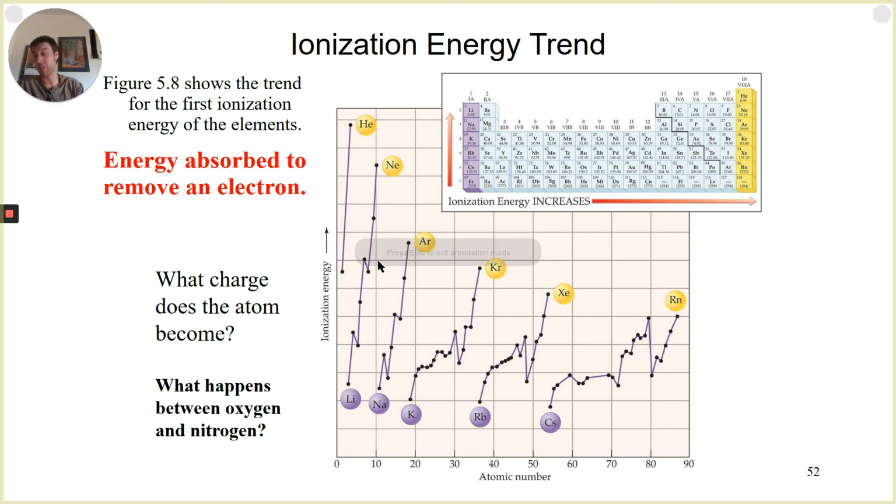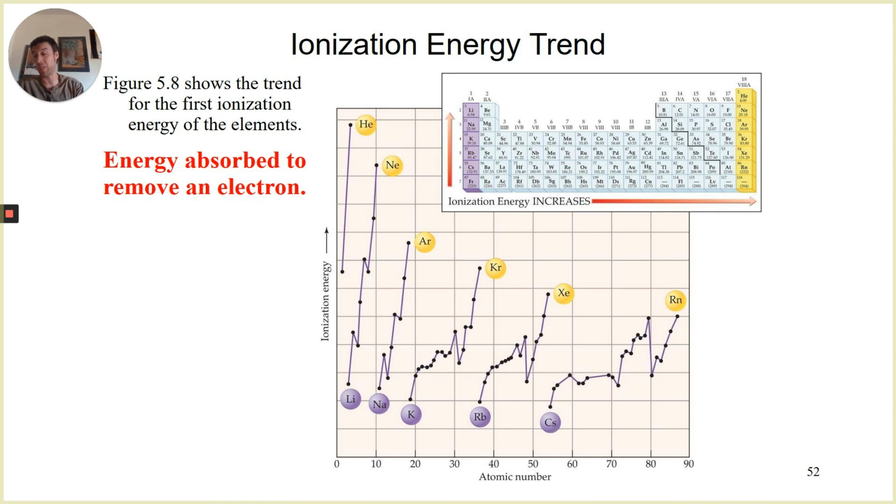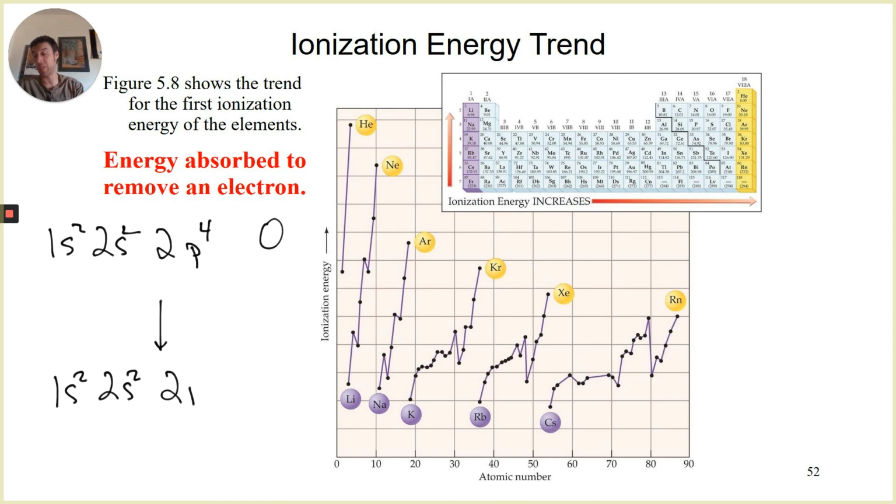Real quickly, just to give you a general idea on that pattern: if we looked at oxygen, 1s2, 2s2, 2p4, that would be oxygen. If I ionize this, this becomes 1s2, 2s2, 2p3, and that would be oxygen plus, okay?